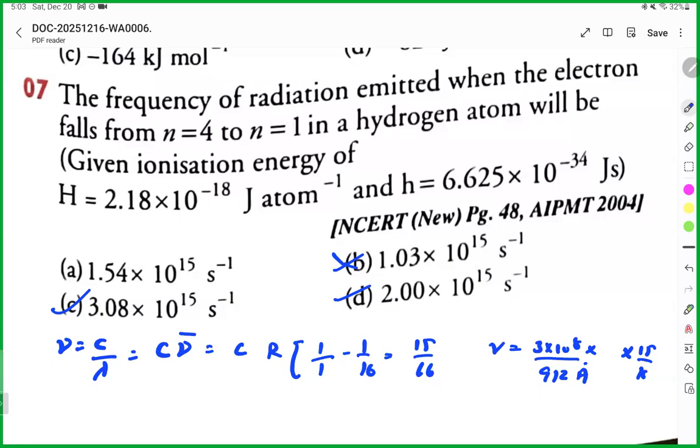All of you got this? So 3.08 into 10 raised to 15, option C. Option C.